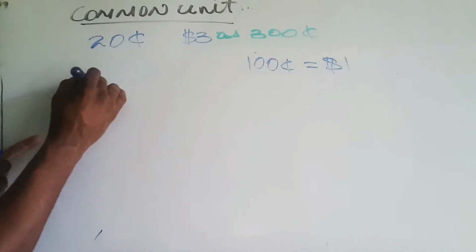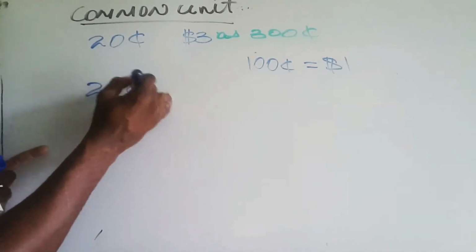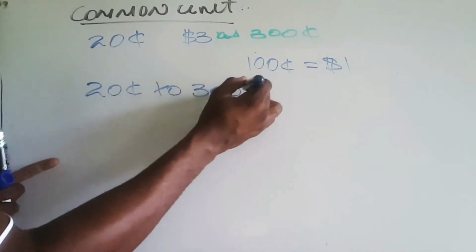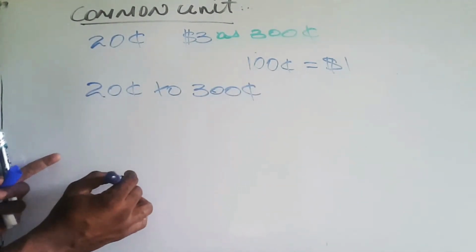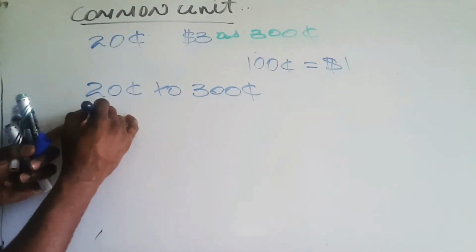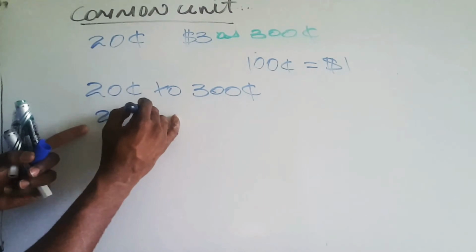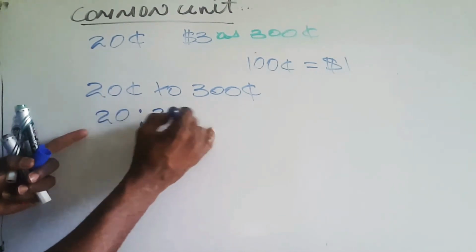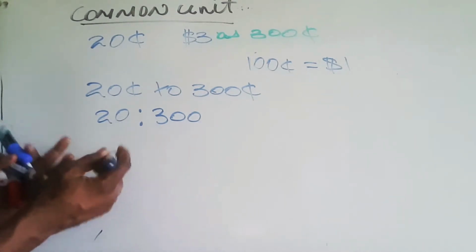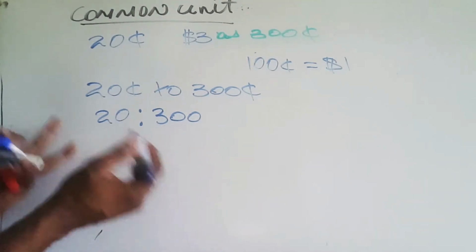So in this case, we can rewrite this as 20 cents to 300 cents. And then, because they're in the same unit, we could now remove the unit and say 20 to 300. And then we could cancel down to its lowest term.